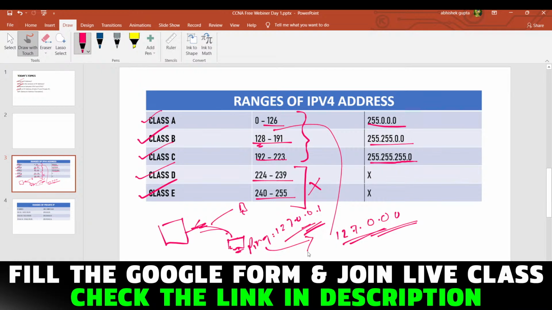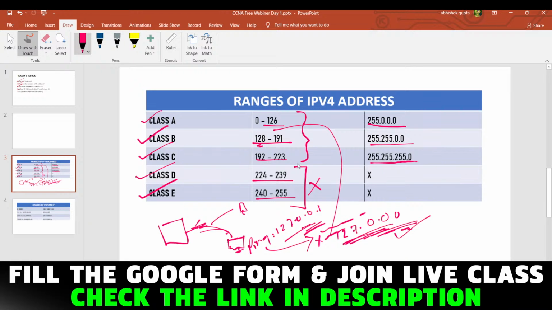If you are getting a reply, it means your NIC card is working fine. If you are not getting a reply, it means there is some problem with your NIC card. Got it? So this is the use of the loopback address. Is it clear? Yes, it is. Yes, done.